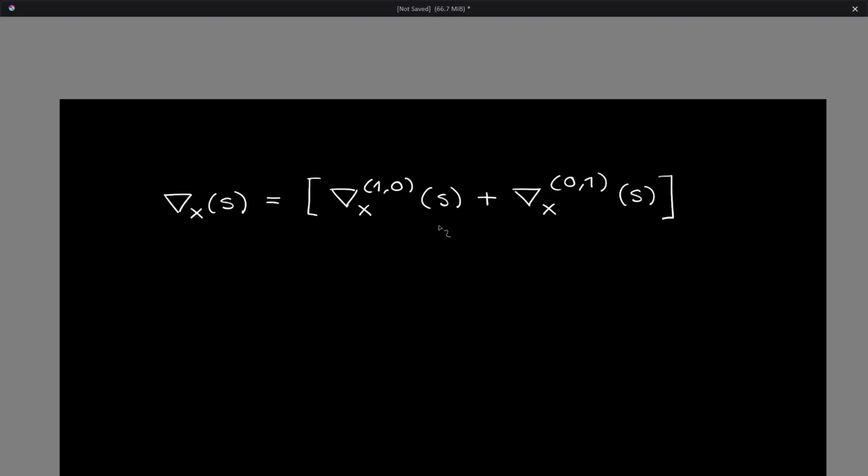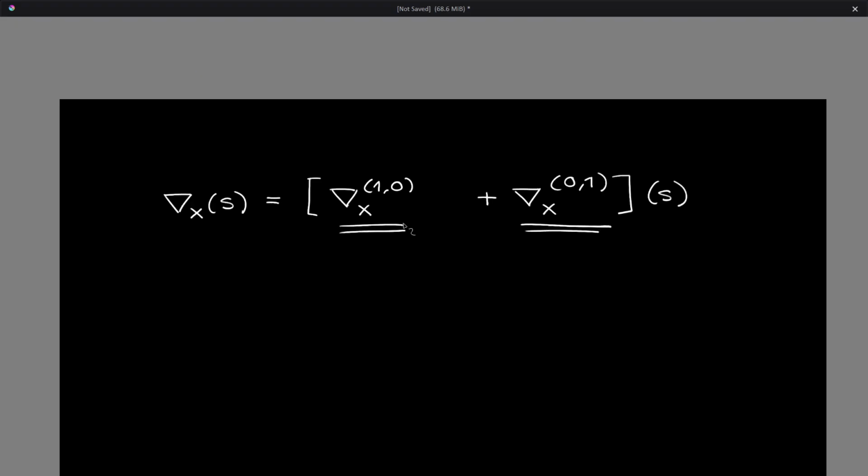So we had this nabla X of S. So this was the covariant derivative, and we split it up like this: nabla X 1 0 of S plus nabla X 0 1 of S. And all of that is fine. The holomorphic vector field can still have a change in the anti-holomorphic direction. In fact, that's what we were looking for. We weren't trying to zero this part out. We were trying to zero this part out.